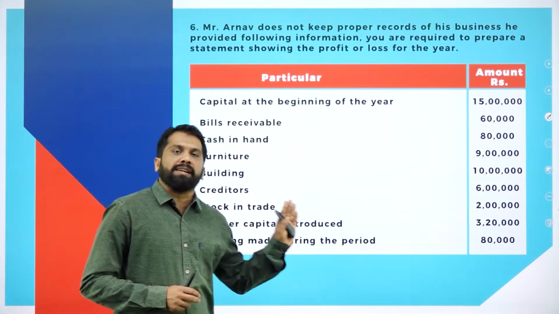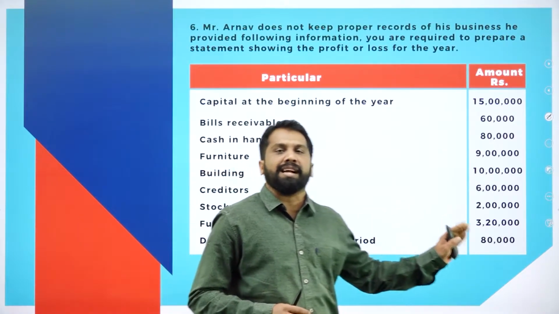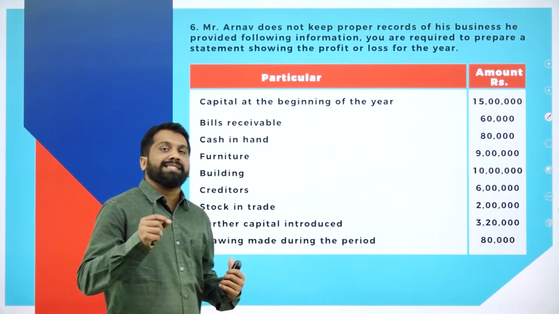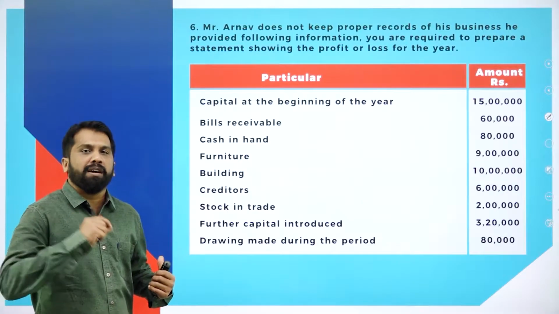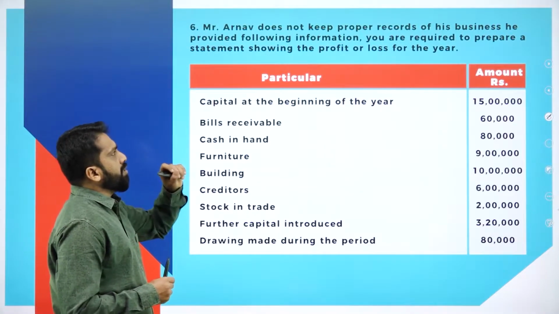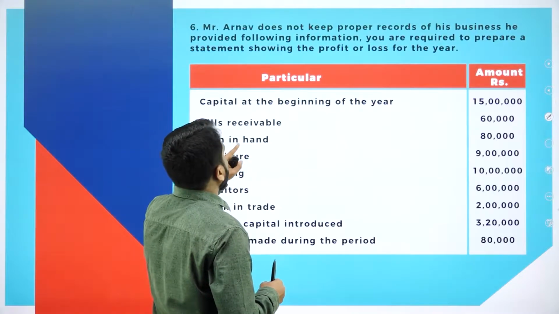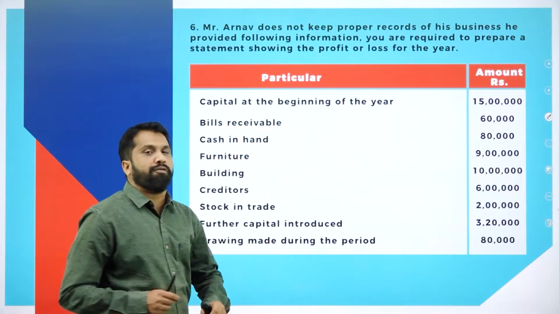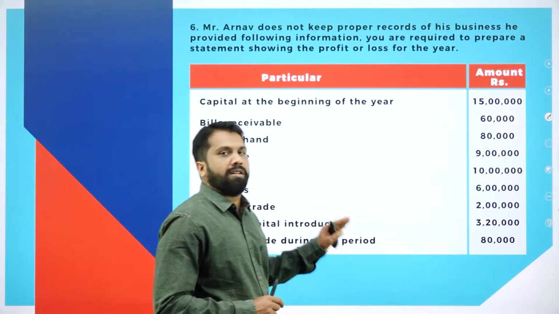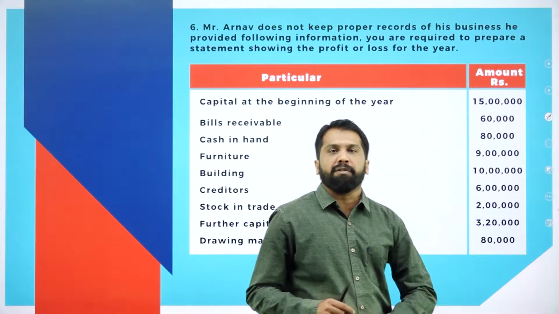If they are not maintaining their books properly, we call it incomplete records. So it is nothing but the single entry system of accounting. He provided the following information. You are required to prepare a statement showing the profit or loss account from this information.